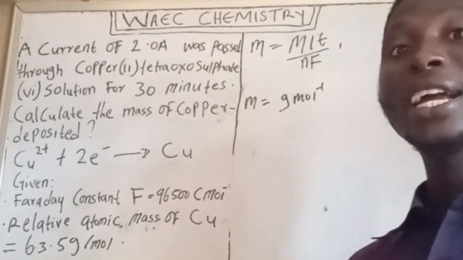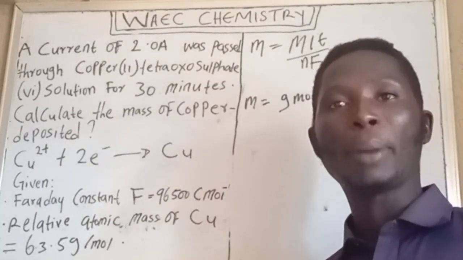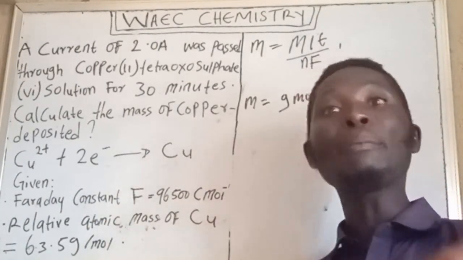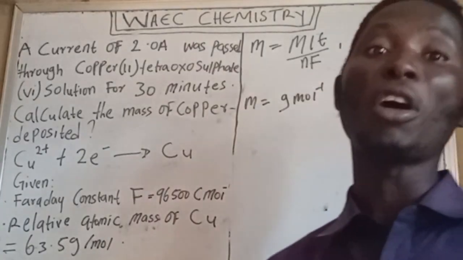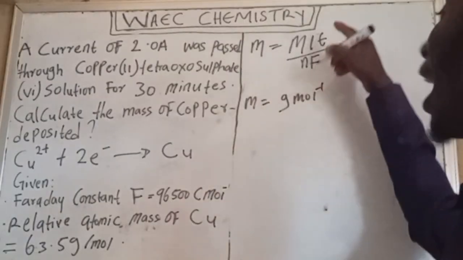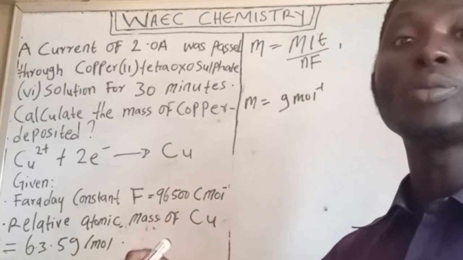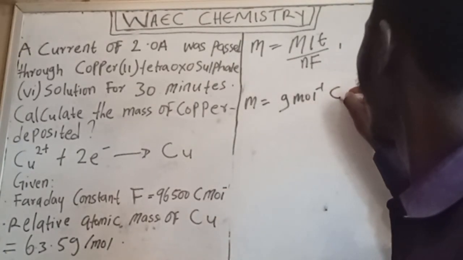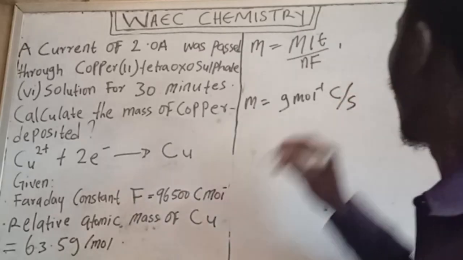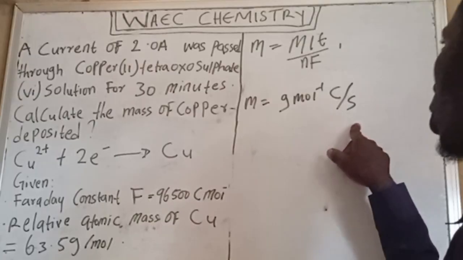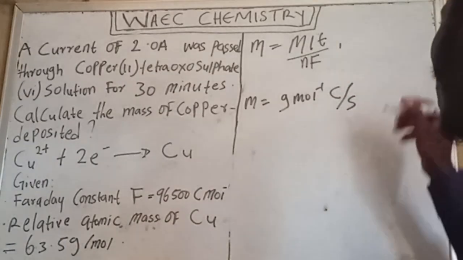Then our current is measured in ampere, but ampere is not a single unit of current. It's a combination of units. Ampere comprises coulomb and seconds. So our I here is C divided by S. Our T is in seconds.